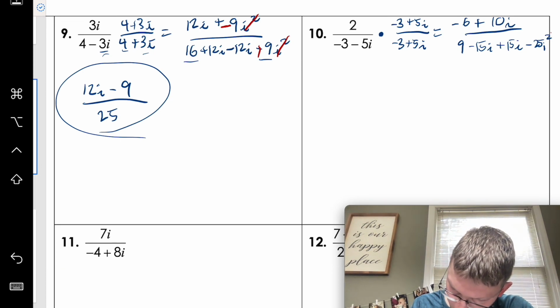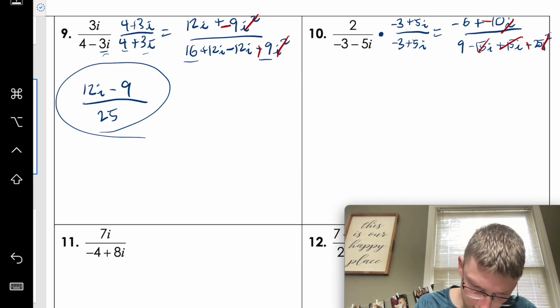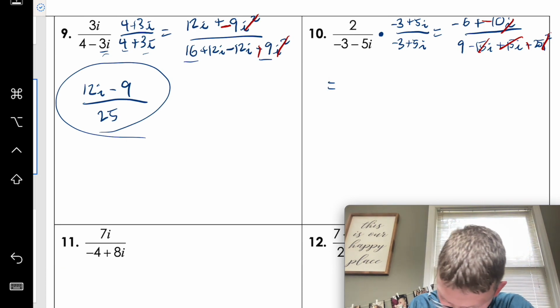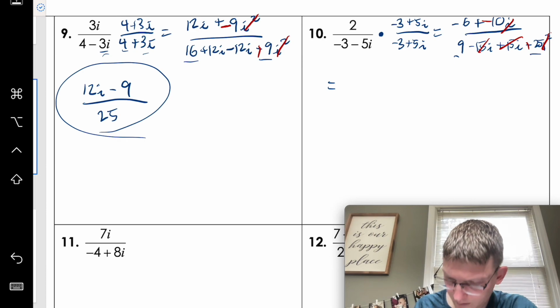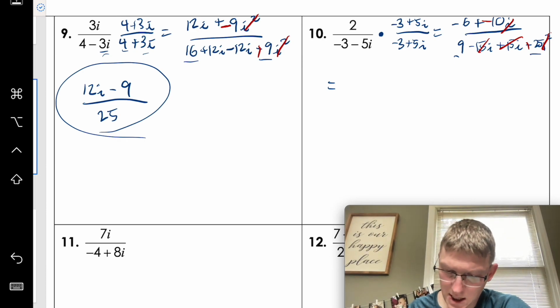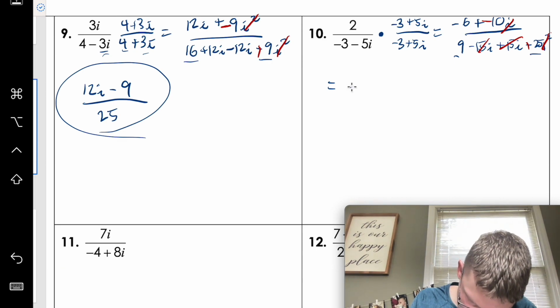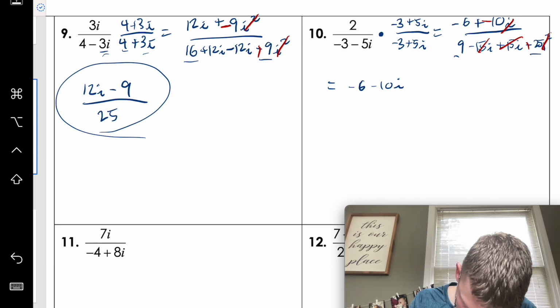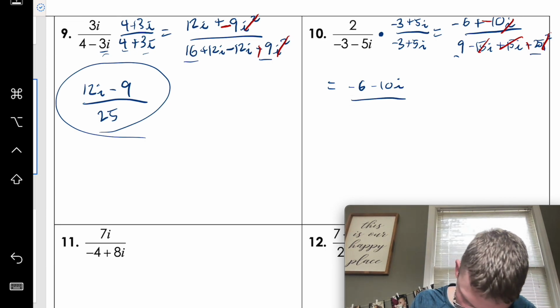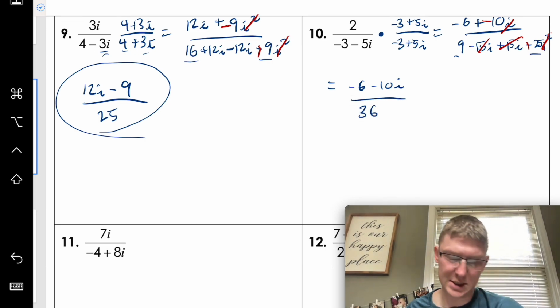Go through, so these guys cancel out. Our i squareds change signs. And then what do we have left over? We're going to combine these guys. 25 plus 9, 36. So we've got negative 6 minus 10i over 36.